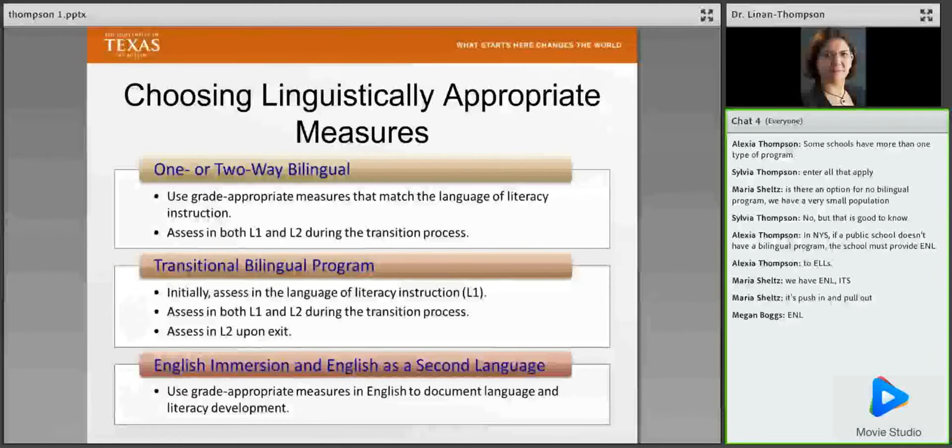So you can see there that in both bilingual programs, or one-way or two-way dual language programs, or transitional, one of the things that we recommend is to assess in both L1 and L2, in particular because they should be getting English instruction in either one of those programs, or they normally are. And one of the things that has worked really well in our schools is that the teachers alternate the language of the progress monitoring every other month.